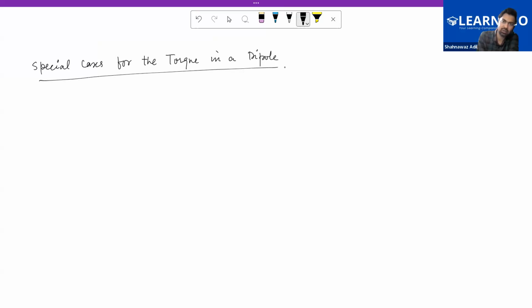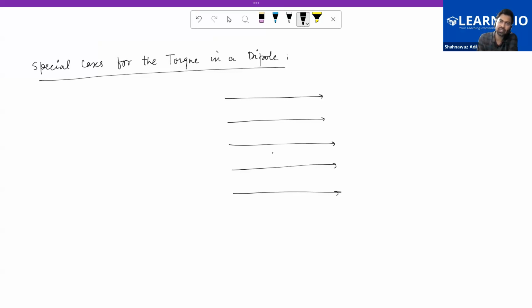And what are those special cases? So what do we have? We have this thing. This is the electric field, right? And this is the dipole. And this is the angle theta.